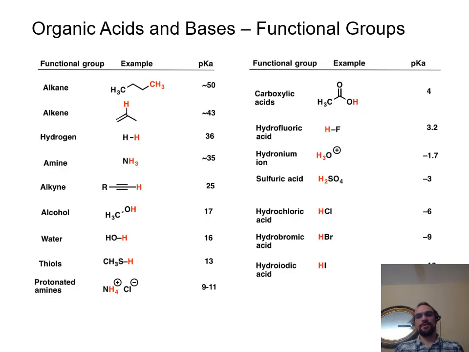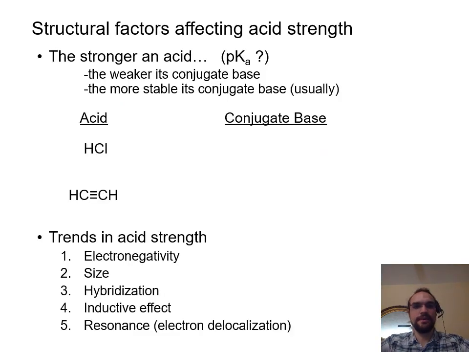Okay, and remember, we've got lots of different functional groups we've talked about, and we have this scale of pKa values. We're focusing on carboxylic acids here, which tend to have pKa values around 4. They're not as acidic as HI, HBr, HCl, and sulfuric acid, but still a lot stronger than something like water or alcohol. And so we've talked about acids, and we've talked about structural factors that affect the strength.